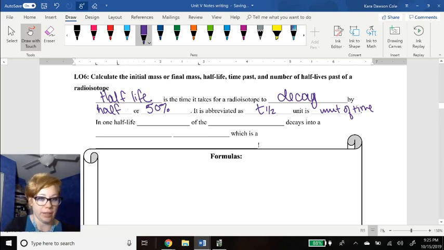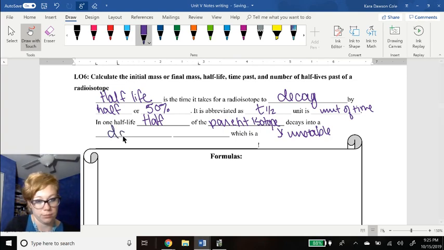In one half-life, half of the parent isotope, which is unstable, decays into a daughter isotope, which is more stable.